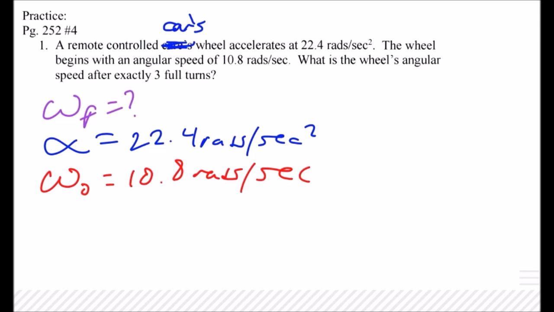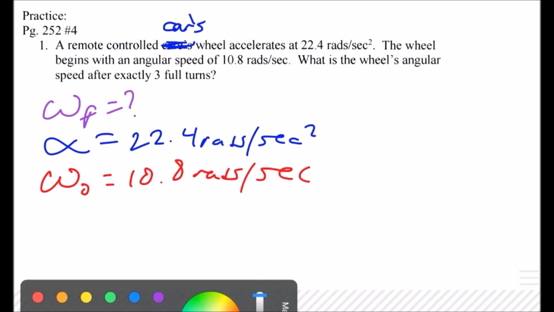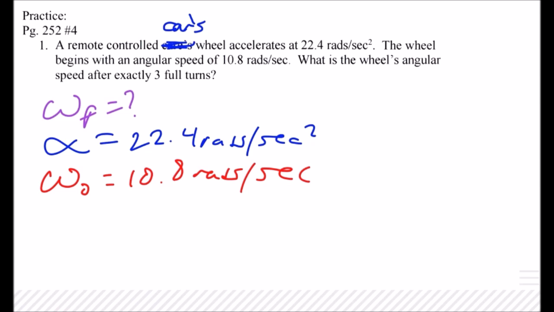What else do I know? I know one more thing. Adam? No, I don't know that. Garrett? It tells you that it's after exactly 3 full turns. So that is the entire change.